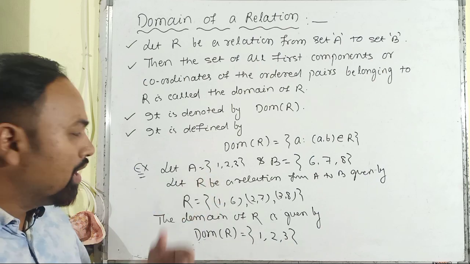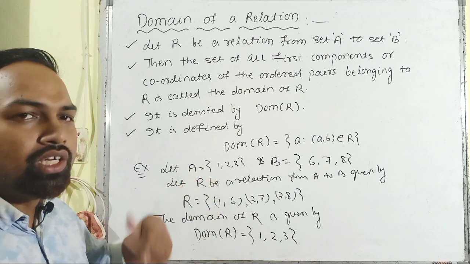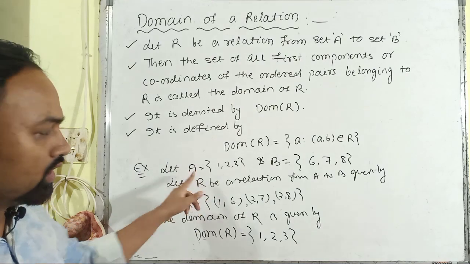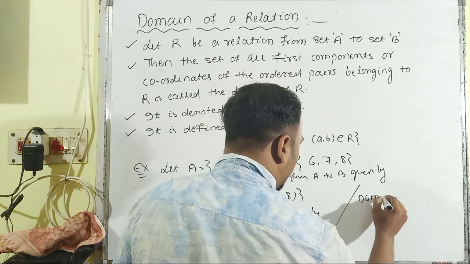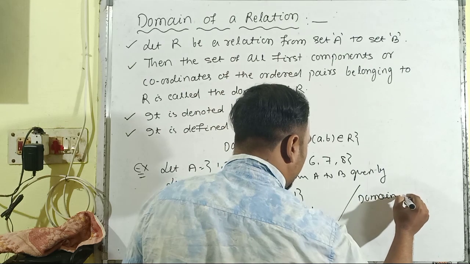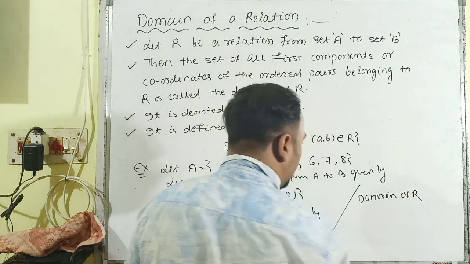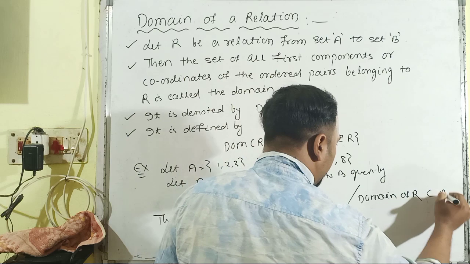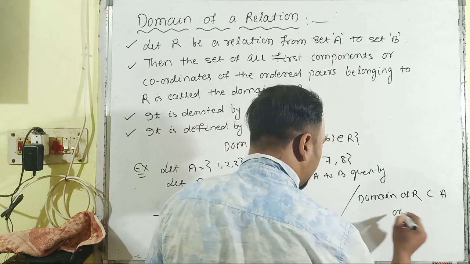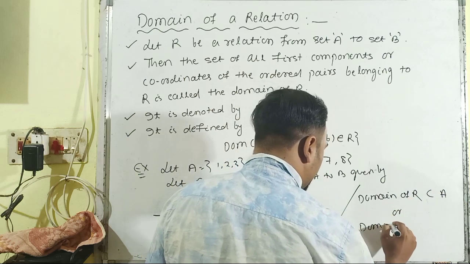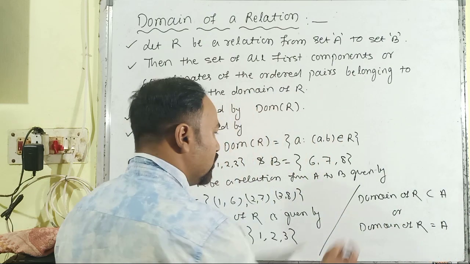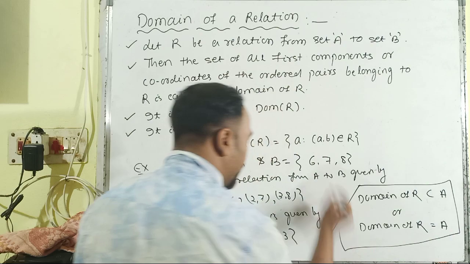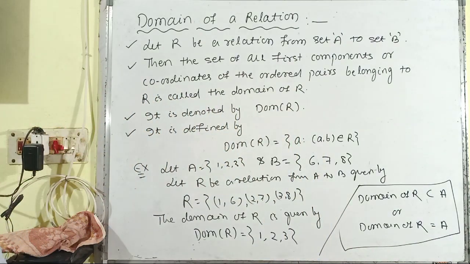That means it may be a subset of the first set or it may be equal to the first set. So dom R may be a subset of A, or dom R equal to A. These are the two conclusions we can draw from the domain of the relation.